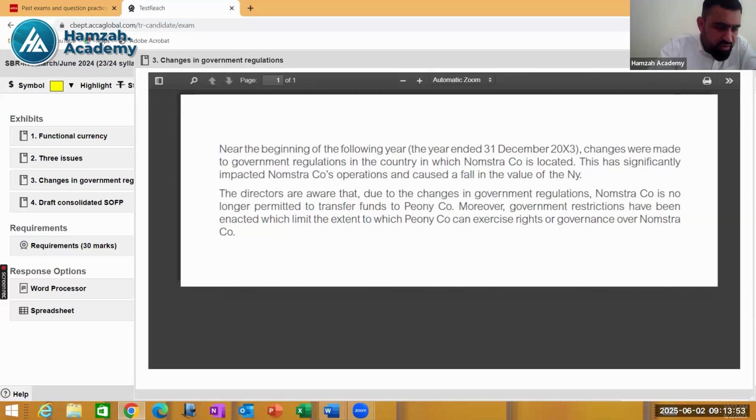Now, basically here, what we need to discuss: there is a change in government regulation and that is restricting the parent company to exercise the power over its subsidiary. So it is a matter of IFRS 10, which defines the control.